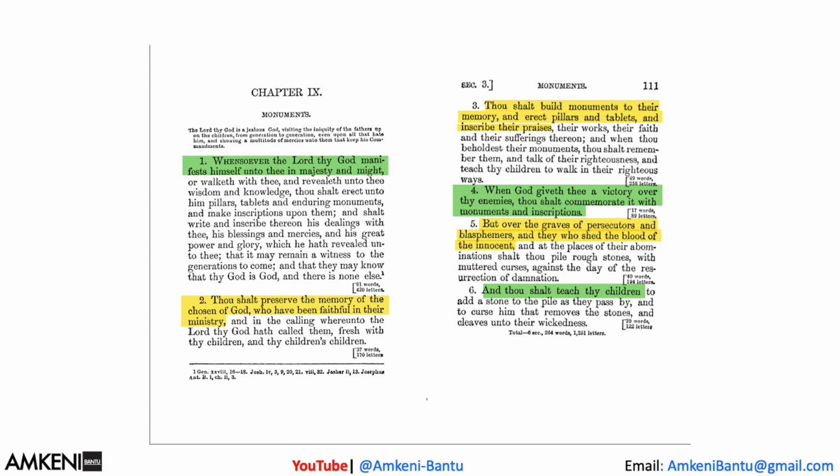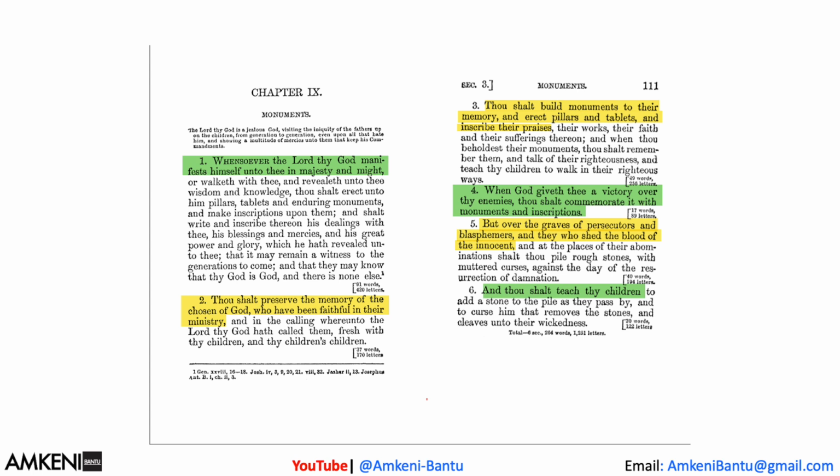We're going to get into that in detail. But you mark these places of your enemy. And last but not least, you teach your children the meaning of these memories, of these monuments, what they mean.